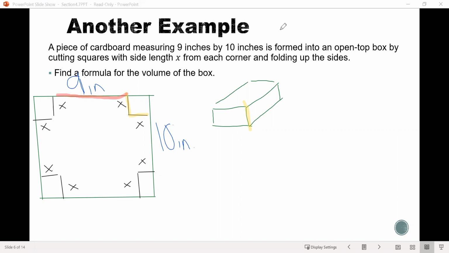This side here will correspond to this lower side. And then this side here will correspond to this longer side here. Okay? And what I want to do on my box picture there is label what those lengths are in each case.